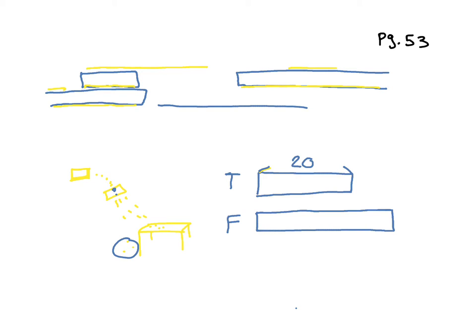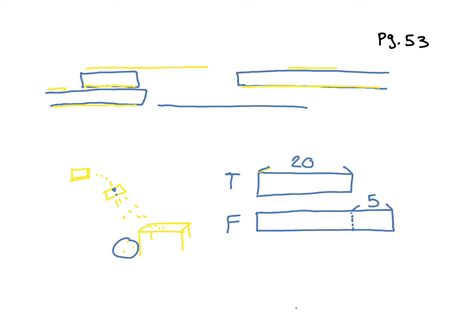And how many more are on the floor? 5 more. So the difference between these two, the area that's different between my two tape diagrams is 5, because 5 more fell on the floor. That's a nice rhyme.